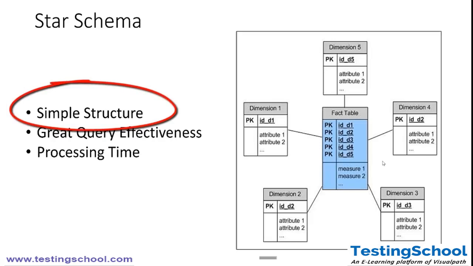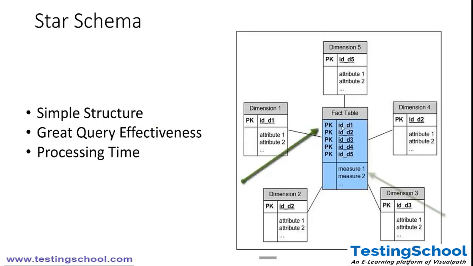So what are the main characteristics of star schema? As you can see here, it has a simple structure, easy to read, and a centrally located fact table. We know what a fact table is. From our previous sessions, we have learned that a fact table typically has the foreign key from the dimension and the measure values.